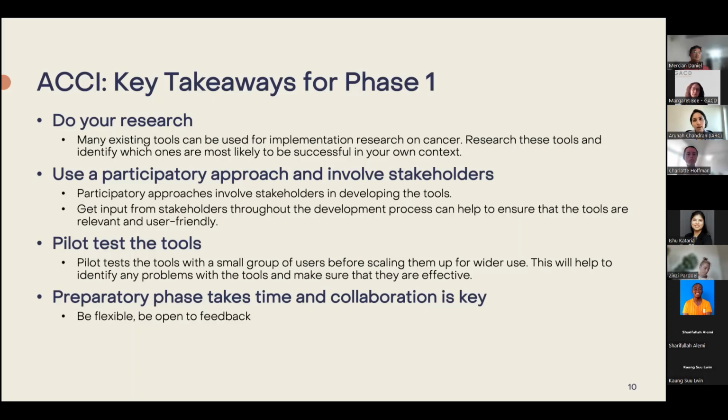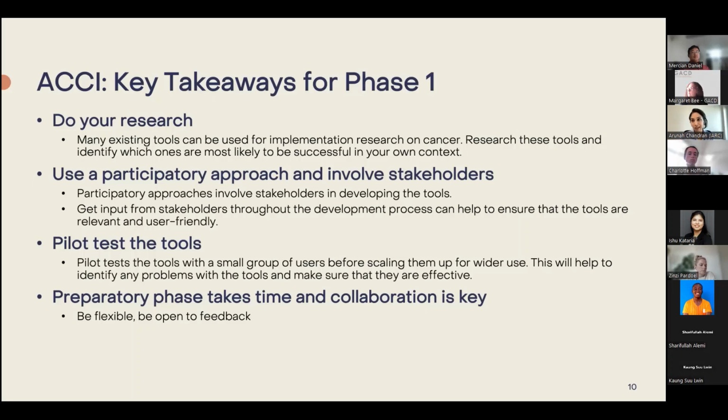The one thing that I felt we did not consider is that the preparatory phase took a longer time than anticipated. I think that for future projects, we have to realize that if we're going to take a participatory approach, even at this stage, phase one, where we want to involve our stakeholders and get input into setting the stage for what the intervention will be, we have to consider the time it will take.